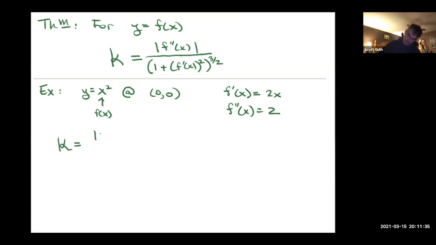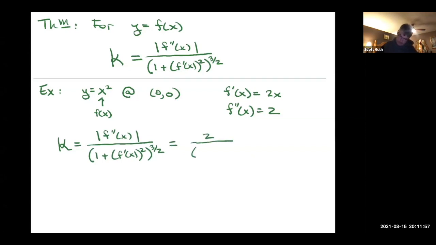I'll just copy the formula down. So this will be just 2 over 1 plus f prime of x, so I'll just say 2x quantity squared, and that's to the 3/2.